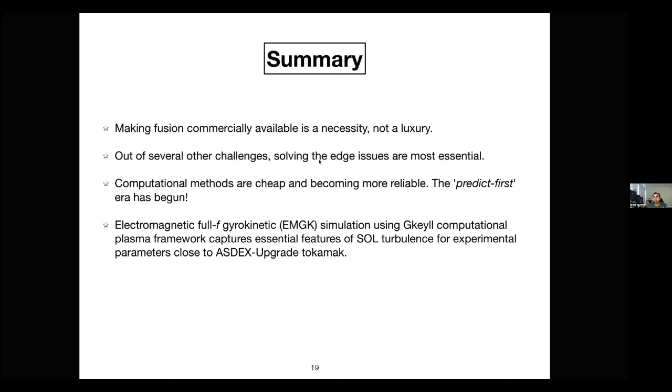Earlier, our simulation capability was not there. So experimentalists already have a lot of insights, but computational methods are cheap and becoming more reliable. When we are building such machines, spending a few billion dollars to build one machine, it is important to perform predict-first technology.